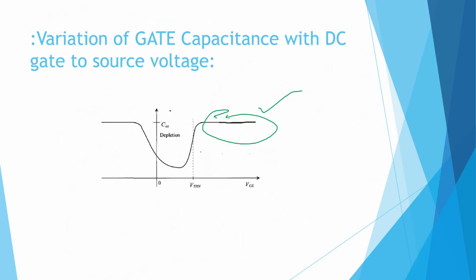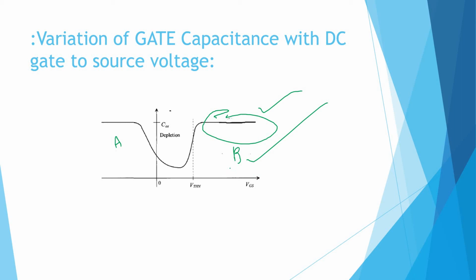Often you may get a quiz question like this, that if you are given two options to use the MOSFET as capacitor, in which region will you use it? Suppose they will denote like this, A region, this is B region. So the answer will be B region. Okay, that is at a very high value of VGS.